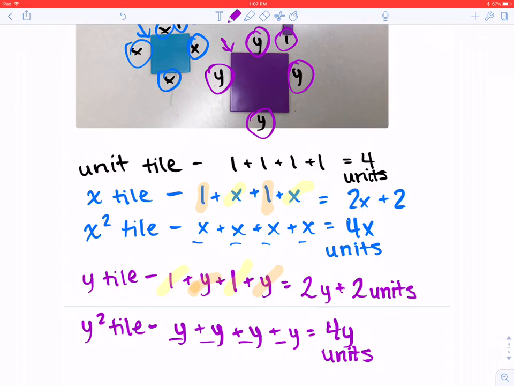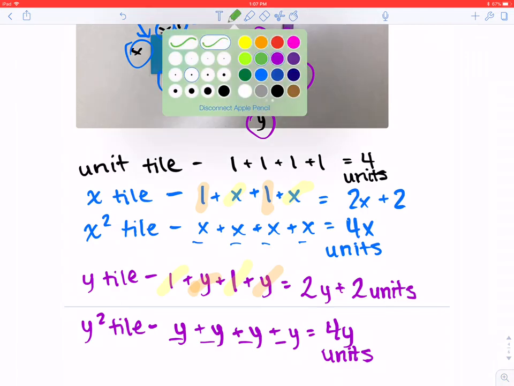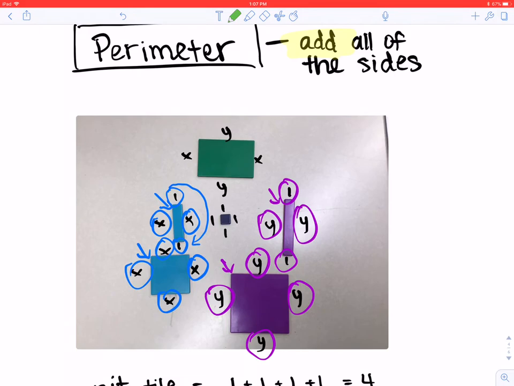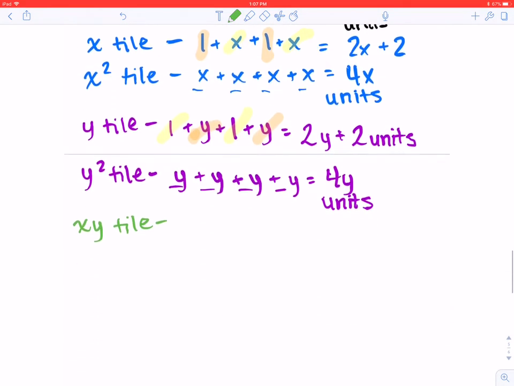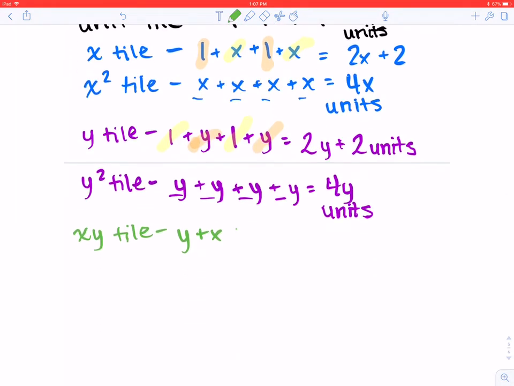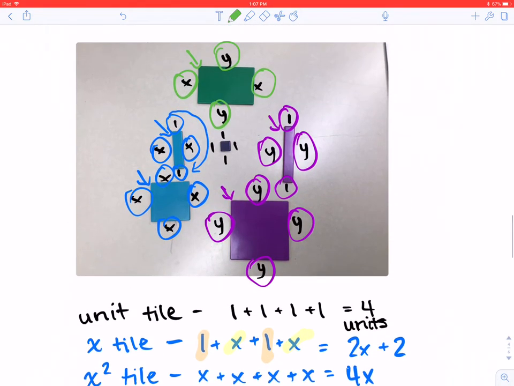All right, and lastly is our XY tile. Start at the top left corner. We have Y plus X plus Y plus X. I circle as I go, and I start at the top left corner because I don't want to leave anything out.